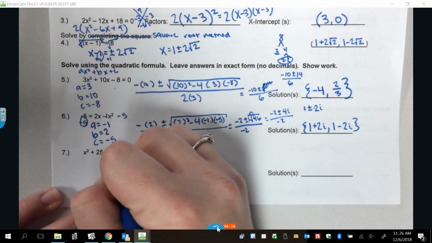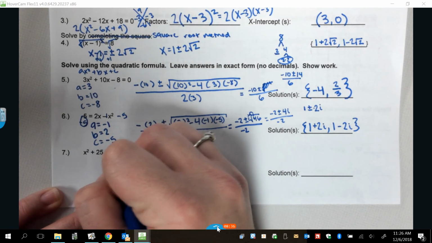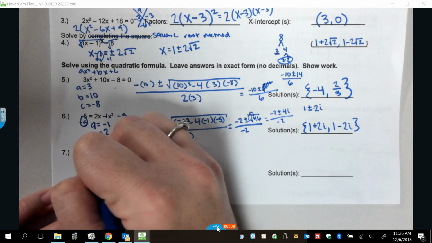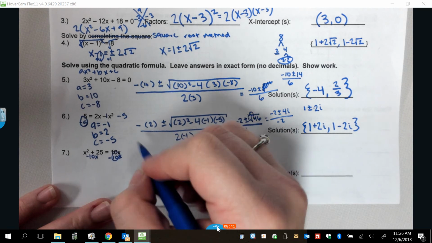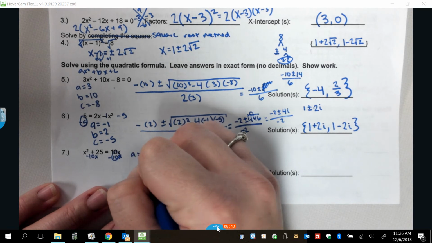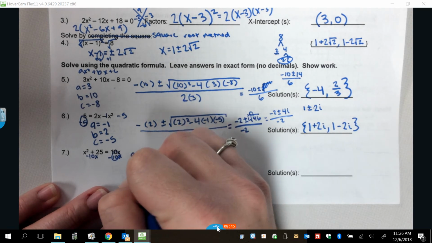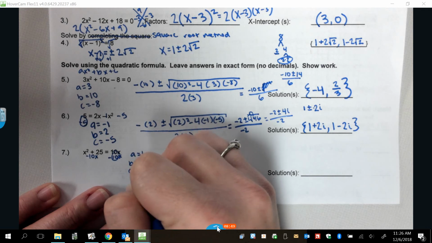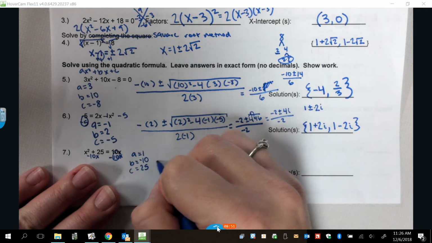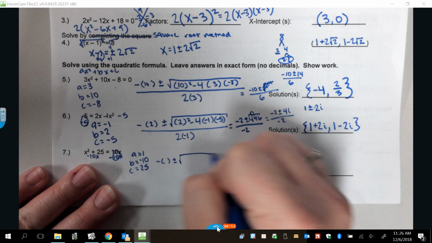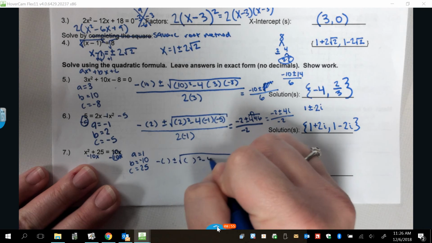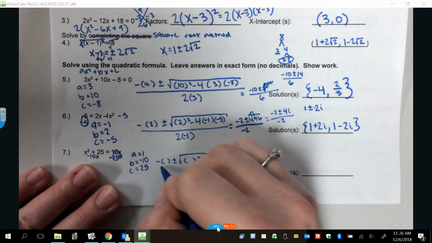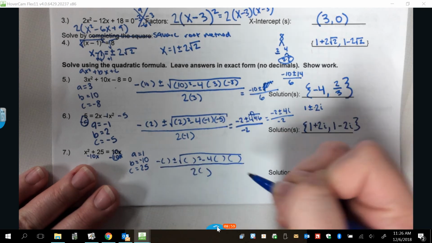Last but not least, this is going to be my b, because it has an x. So I'm going to subtract it in the middle. There's no like terms. Okay, so I get a is 1, b is negative 10, and c is 25. Negative b plus or minus square root b squared minus 4 times a times c all over 2a.